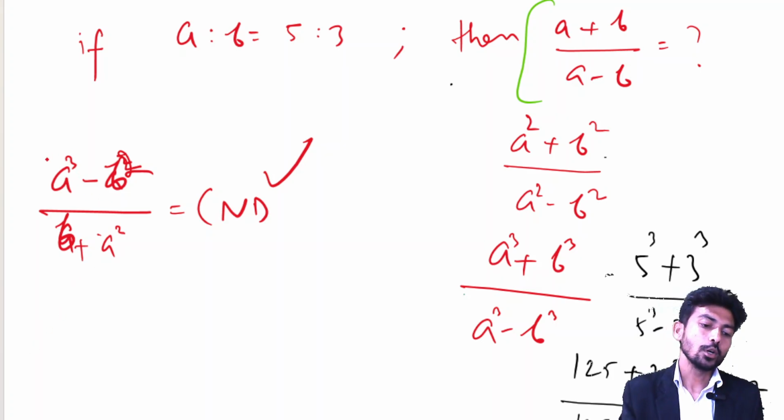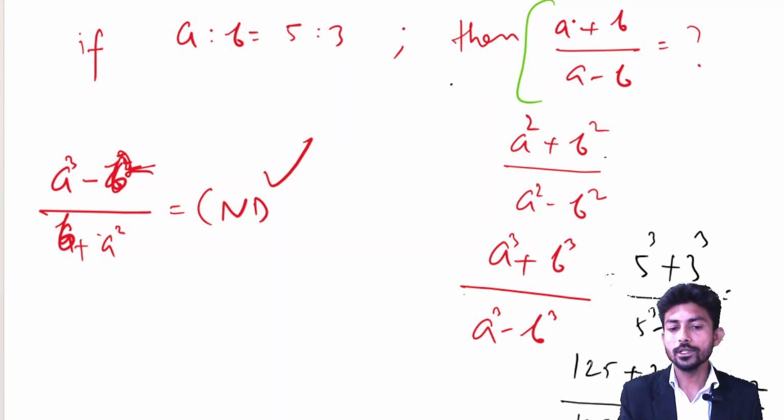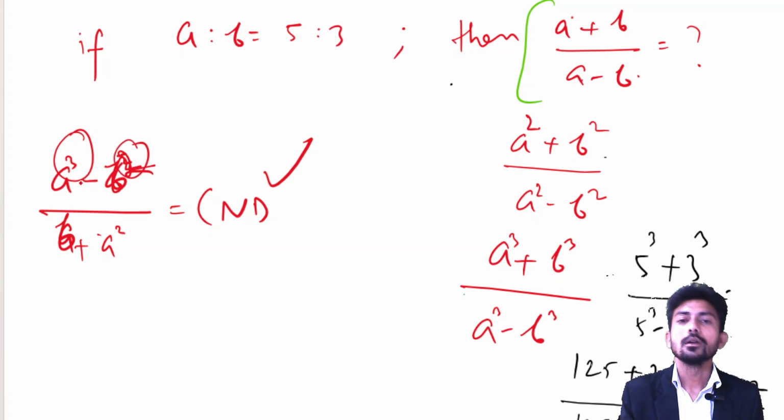Why? Because the orders of the variables are different here. Here this was linear, 1, 1, 1, 1. Here it was square, 2 everywhere. Here it was cube. But here the order of the power is different. Here it is cube, here it is square, here it is linear, here it is square. So we can't solve in this particular situation.